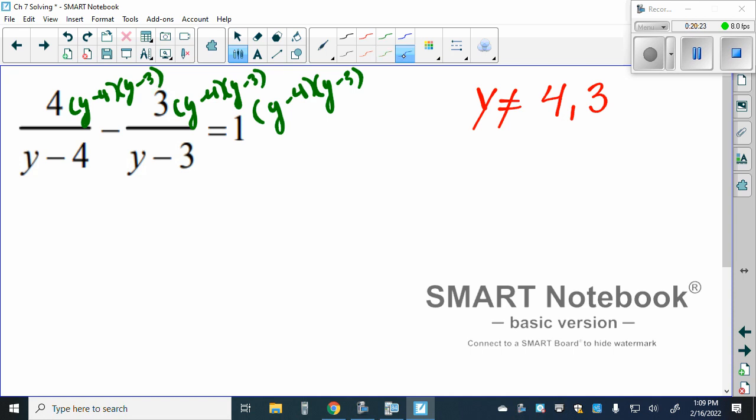Now looking at all these here, the first one, our y minus 4 and y minus 4 would cancel. In the middle, the y minus 3 and y minus 3 would cancel. And well, since it's equal to 1, it doesn't have a denominator, so nothing would simplify there.